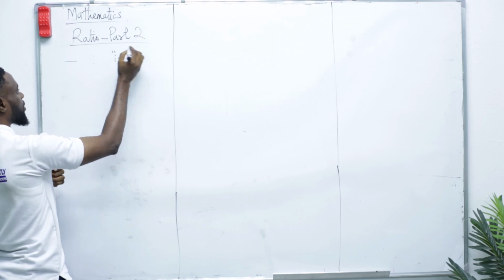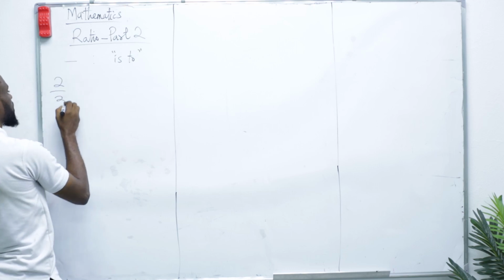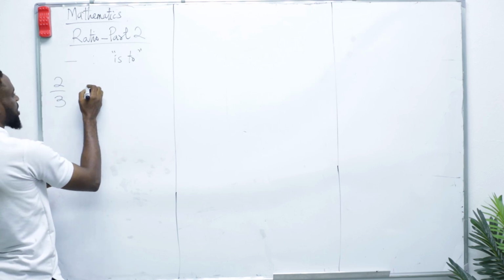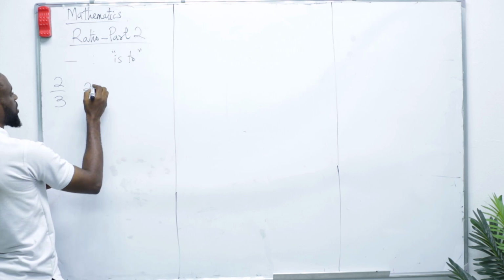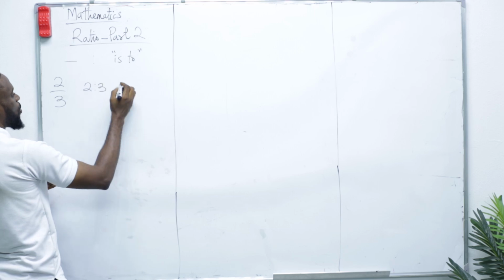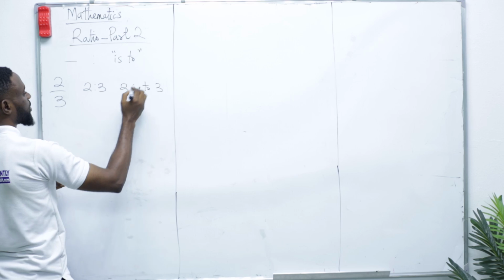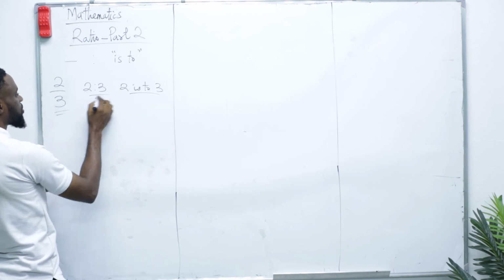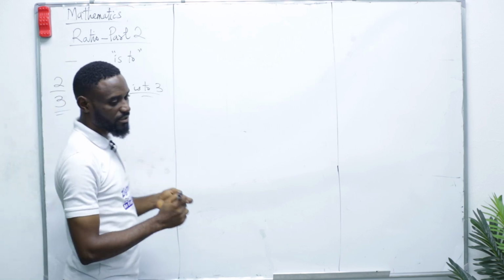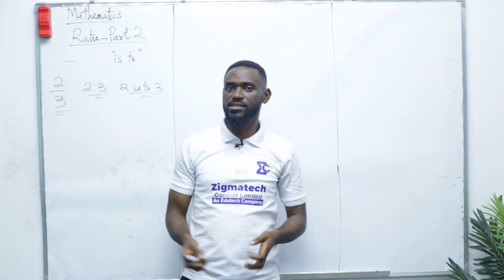For example, 2/3 is the same thing as writing 2 is ratio 3 or 2 is to 3. All these are ways of representing ratio of values of numbers.